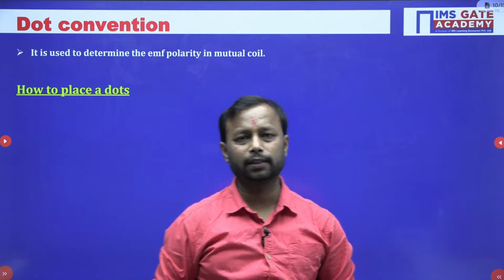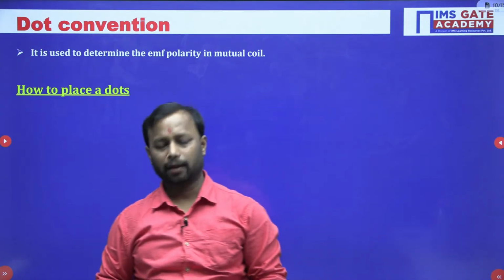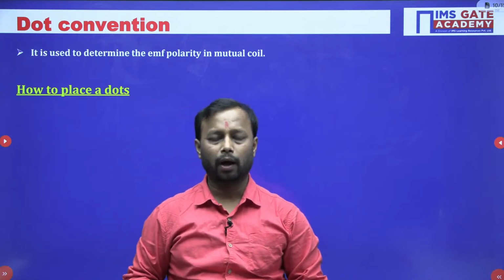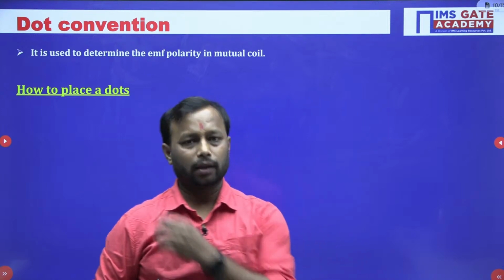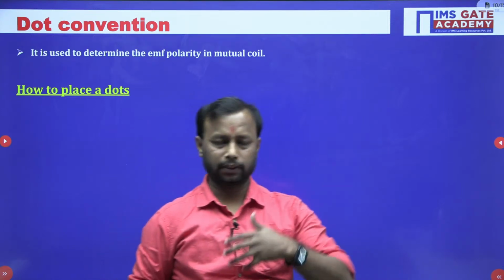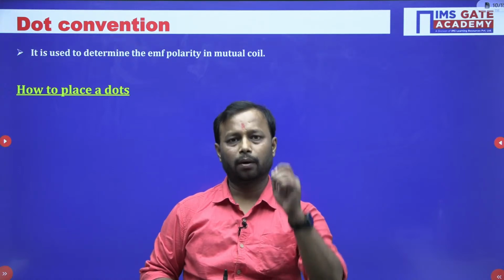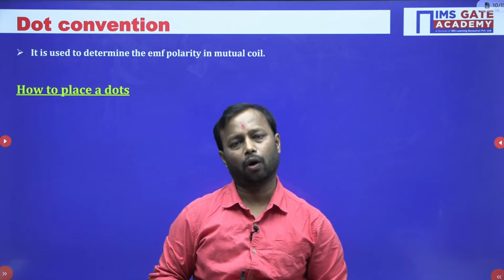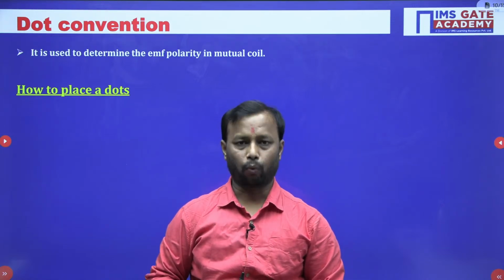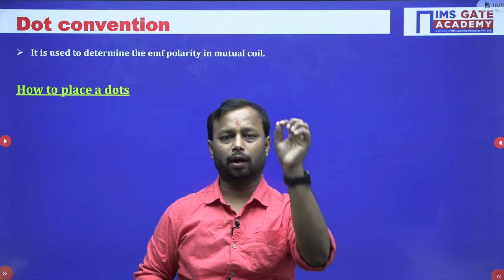Dot convention basically helps us to identify which terminal of a coil is either positive or negative, provided in another coil the polarity is given to us.